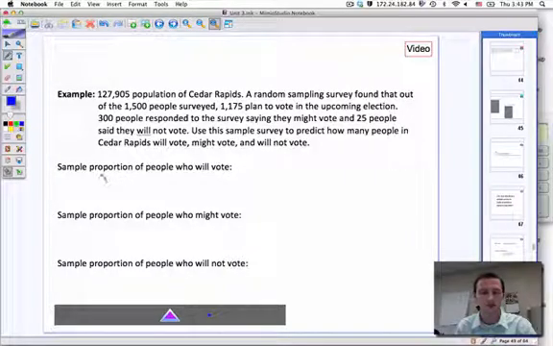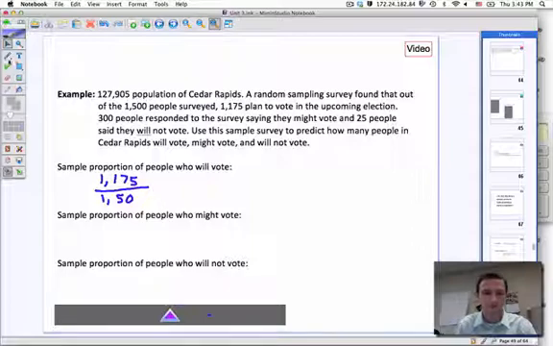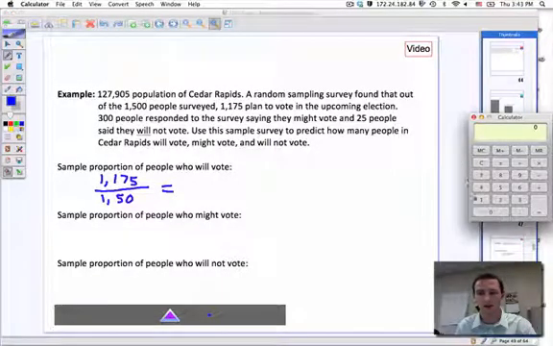So if we are going to do that, we need to set up how many people plan to vote. 1,175 people plan to vote out of the total 1,500 surveyed. Okay, so this will set up our sample proportion. 1,175 people divided by 1,500.